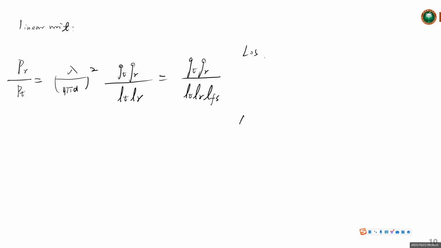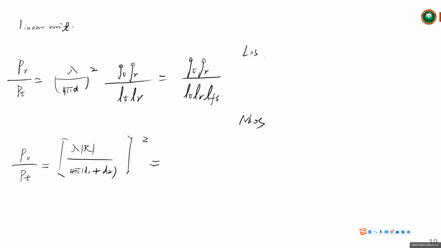And for non-line of sight, there should be a reflection part, which means there should be a reflection coefficient related, or the reflectivity, for example. So the reflection coefficient divided by 4 pi times the first distance and the second distance, before reflection and after reflection, squared.